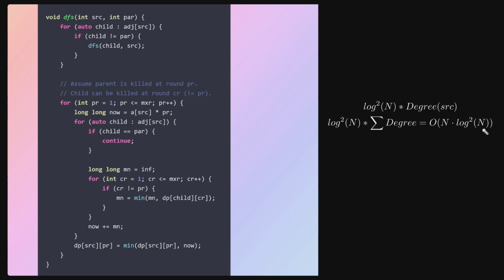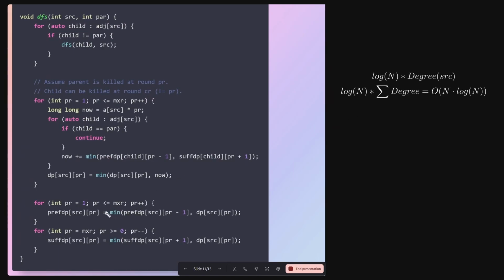For that, you can notice that we are computing the suffix and prefix minima manually by ourselves. So we can apply the same trick as before and pre-compute the prefix and suffix maxima not till n but only till log n, because this is the maximum number of rounds that the game will continue for, and then we will utilize that same prefix as well as suffix minima.